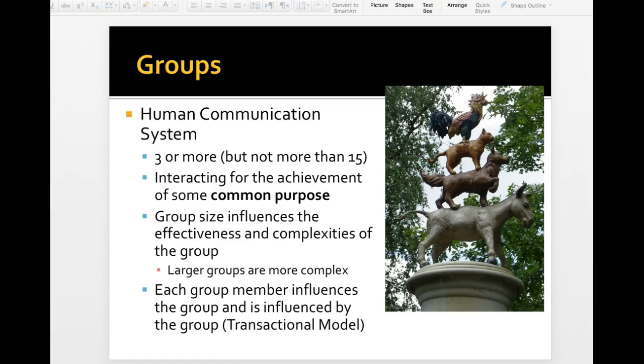So the group has to be united in an idea or a goal, whether that's to complete a project like your service project, or maybe you're working for a company and the company requires you to put together a proposal and a project for work, or maybe you get together as a team for a rec sports team or something like that. It doesn't matter, but you as a group have to have a common purpose. So 3 or more people, not more than 15.